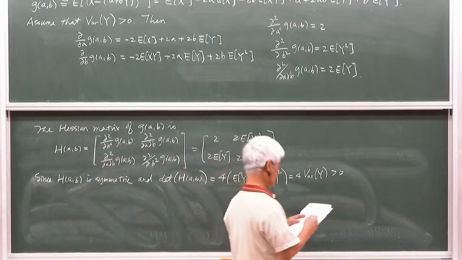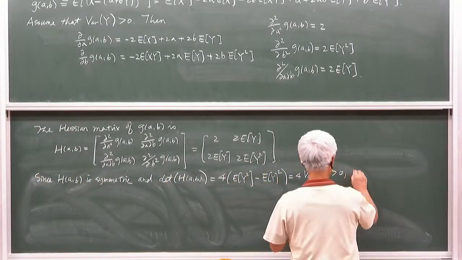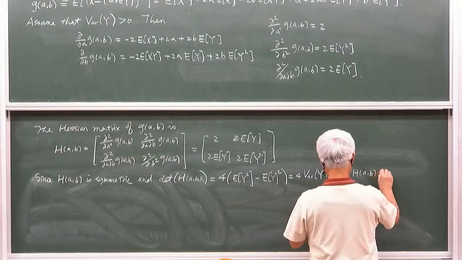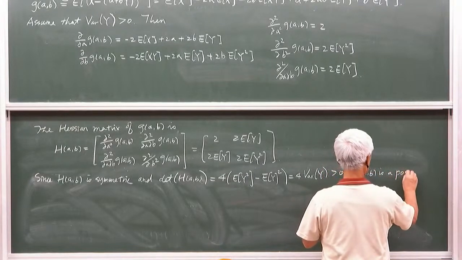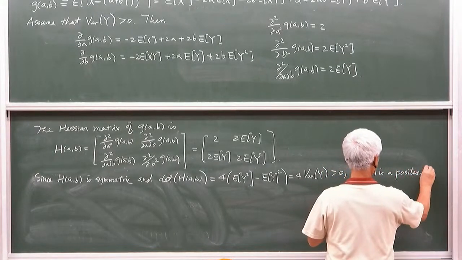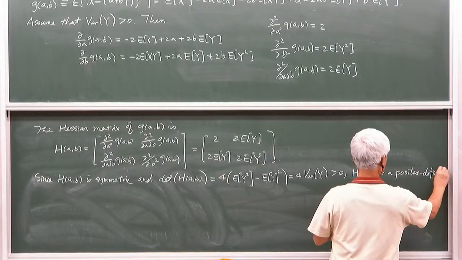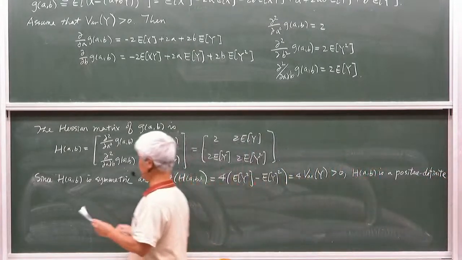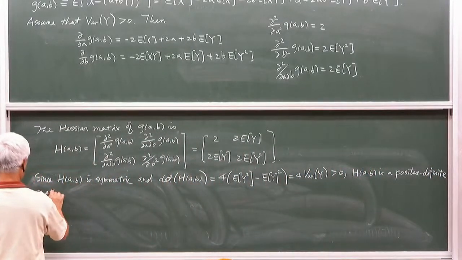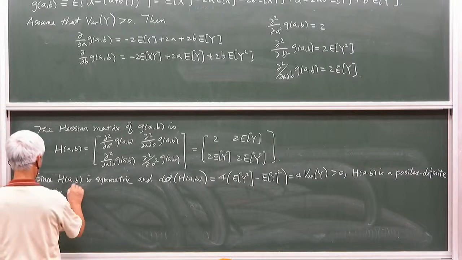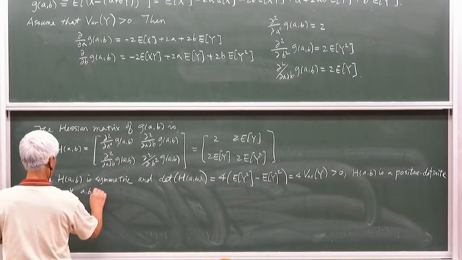So this is, so that the Hessian matrix is positive definite, so it's a positive definite matrix.